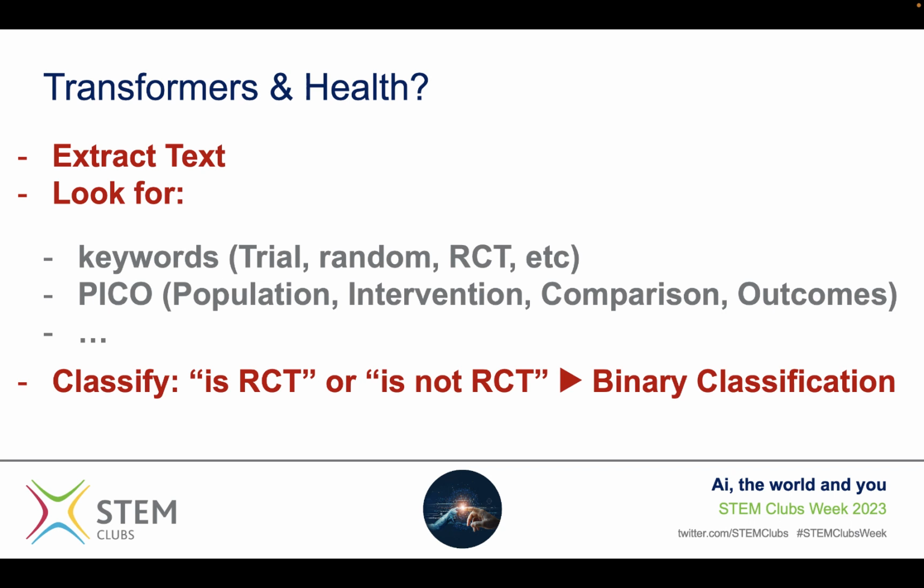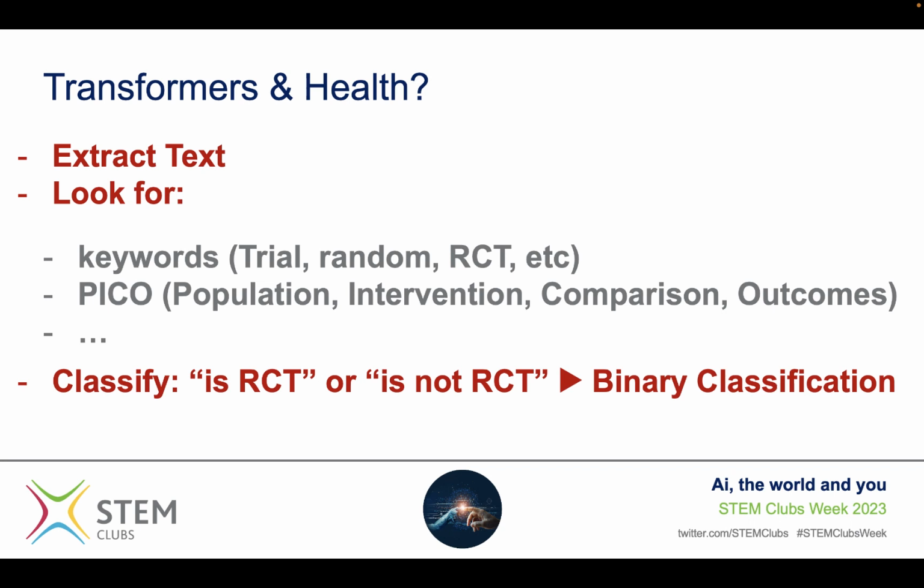Then a procedure would be for a pipeline to extract the text and feed it into a transformer. The transformer would then look for certain keywords. Sometimes in the documents there are keywords directly mentioned, such as trial or random or RCT. It will again learn the context in the sentences, in the words, and it will then identify those articles as RCTs or not.